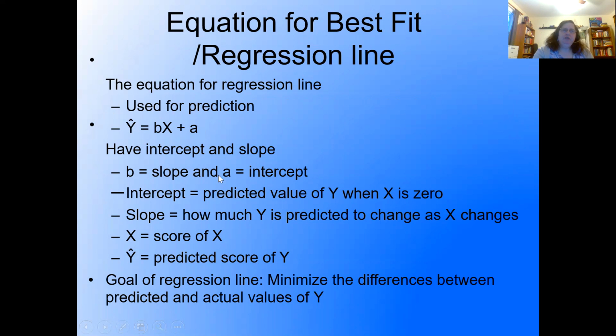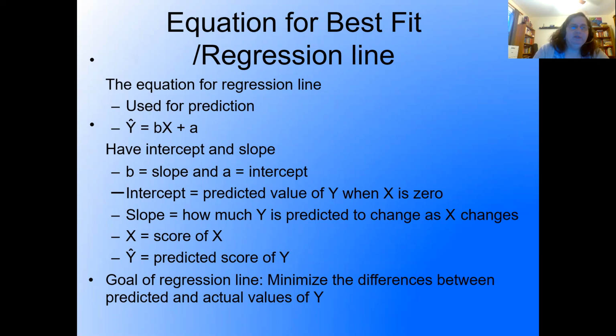So the equation for the regression line is used for prediction. We have our y hat, what we're trying to predict for y, equals bx plus a. Now this may actually look familiar to you. You may have seen an equation way back when in some other math course, where it was y equals mx plus b. Now this is actually quite similar.